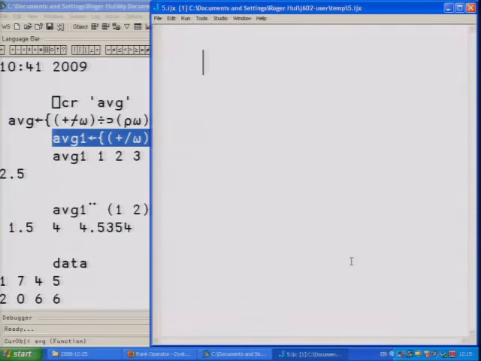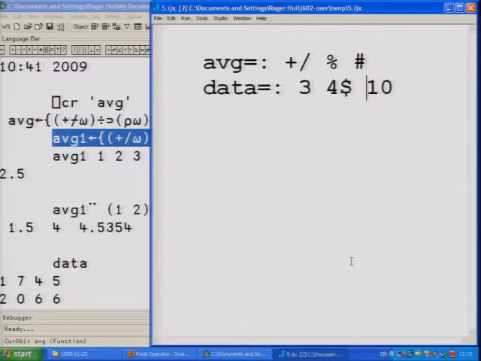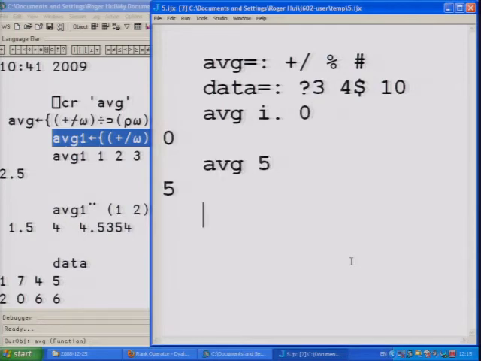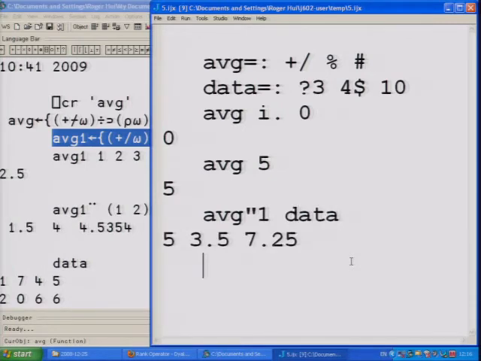However, in J, this is the very best J expression. So average of iota 0 is the correct answer. Average of a scalar is the correct answer. Average of average rank 1 of data is not a 3-column matrix, 3x1 matrix. Yeah.